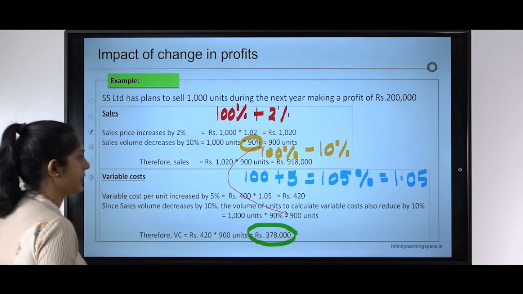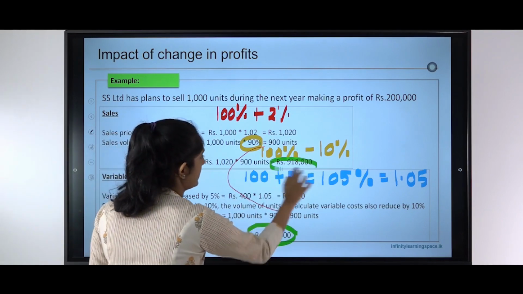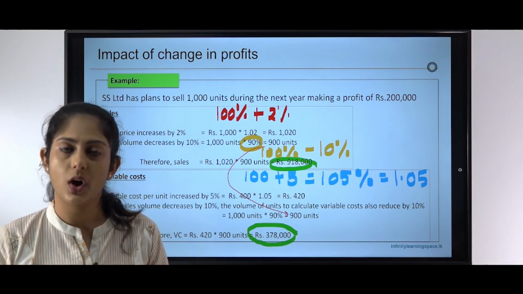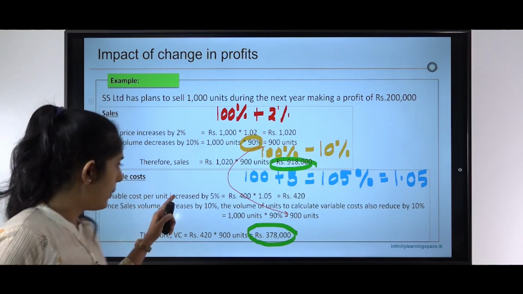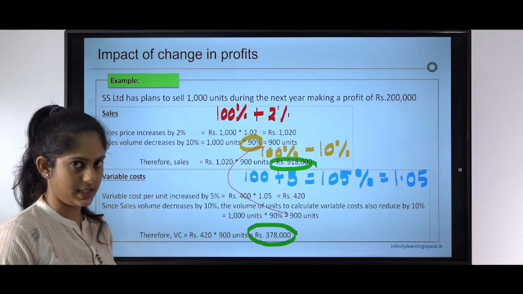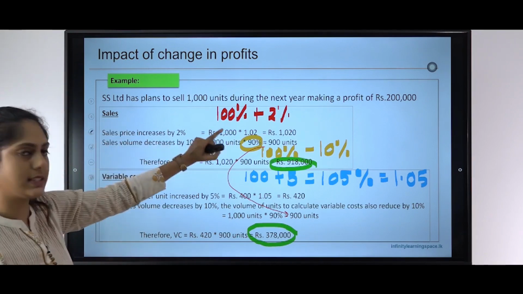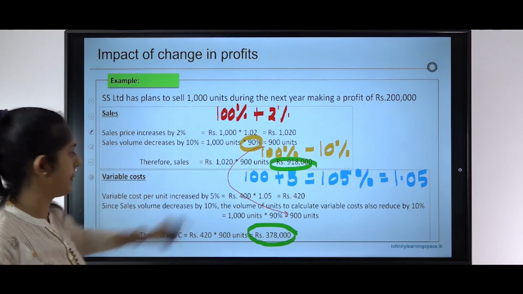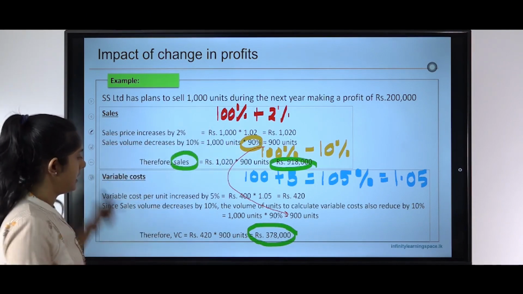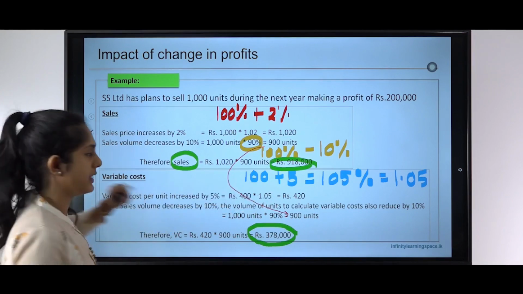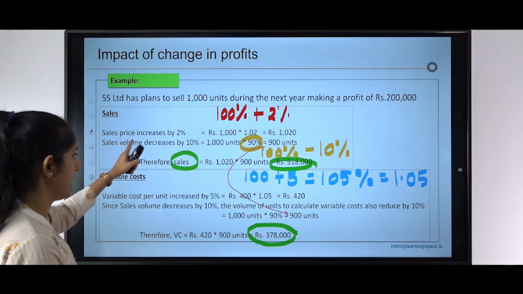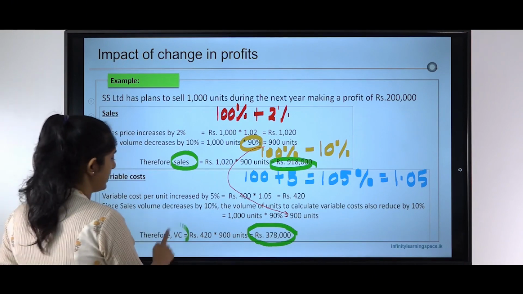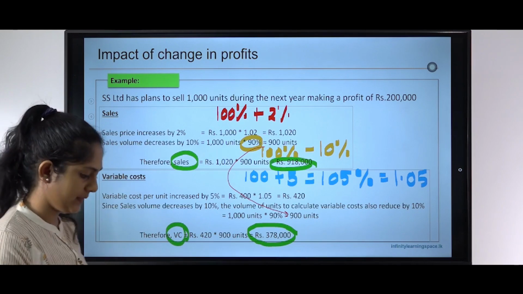So this is my variable cost, this is my new sales. This is how you calculate a new sales value or a new variable cost value once each and every variable changes. So we increased the sales price, reduced the sales quantity, and found the sales revenue. Then we increased variable cost per unit, and we remembered quantity was decreased, so we reduced the quantity here also and found the variable cost.